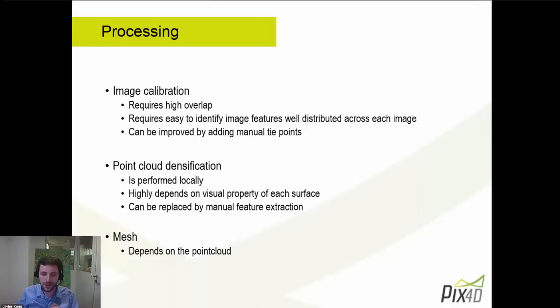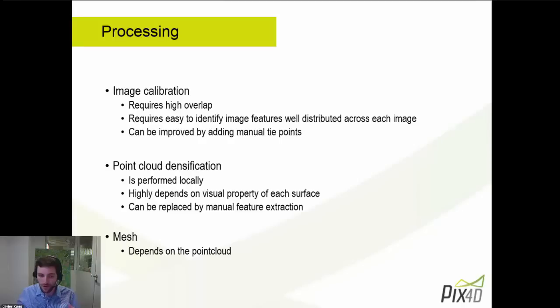Once the images are calibrated and well aligned, the software performs point cloud densification. The point cloud densification has many different requirements than the image calibration. And there the benefits of the fisheye are less important, but since it was used, you needed the calibration to go to the densification, so you needed it before. But what's more about it is that the densification is performed locally.